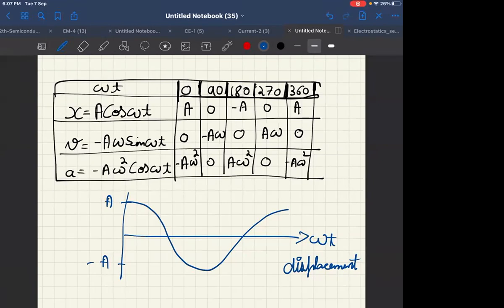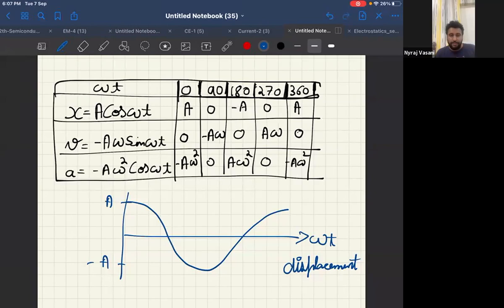So you should know what the graph is. Now you know what is the graph for displacement. Now we should know what is the graph for velocity also, and what is the graph for acceleration also. Can we start with the graph for velocity?